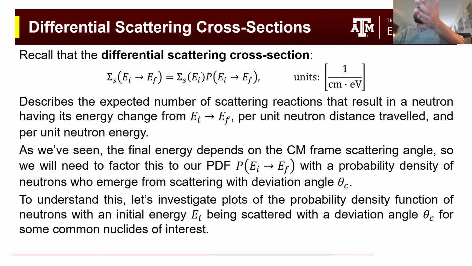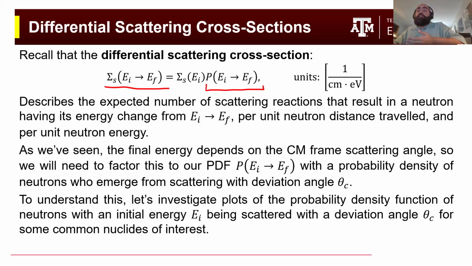So this is a probability, a cross section, the differential scattering cross section, this guy right here, that has the EI to EF. When you see the EI to EF, it means within this quantity, we have baked in a probability density function that tells you about the probability of the neutron scattering from some energy EI to some final energy EF.